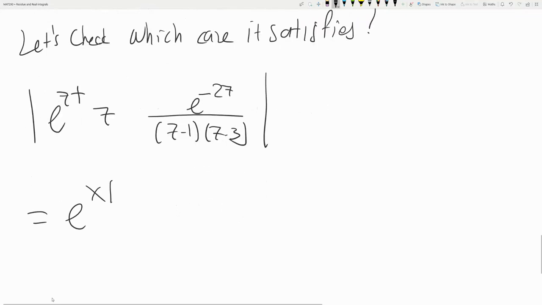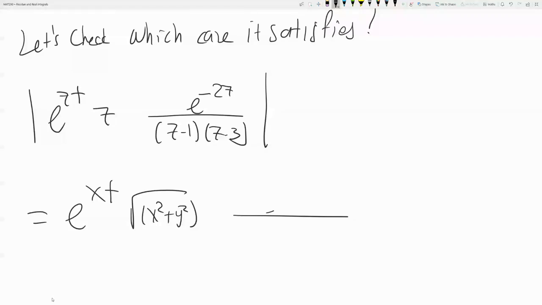So this is e to the xt. This guy is x squared plus y squared. This guy is e to the minus 2x. And this guy is, well, let me keep them like this, x plus iy, x plus iy.